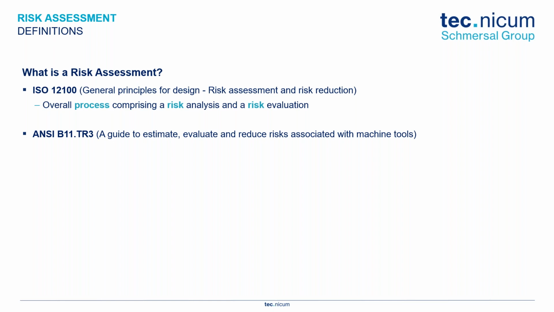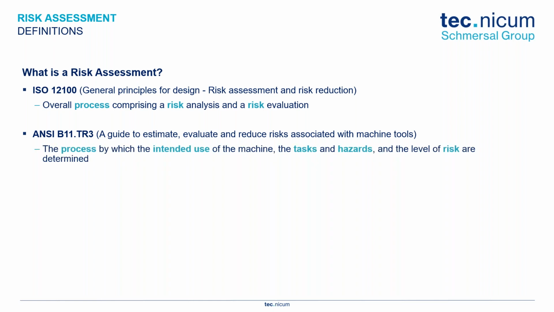The full title is Risk Assessment and Risk Reduction, a guide to estimate, evaluate, and reduce risk associated with machine tools. The definition from this technical report is the process by which the intended use of the machine, the tasks, and hazards, and the level of risks are determined. Okay, again, one sentence, kind of straightforward. We'll come back to that in a second.